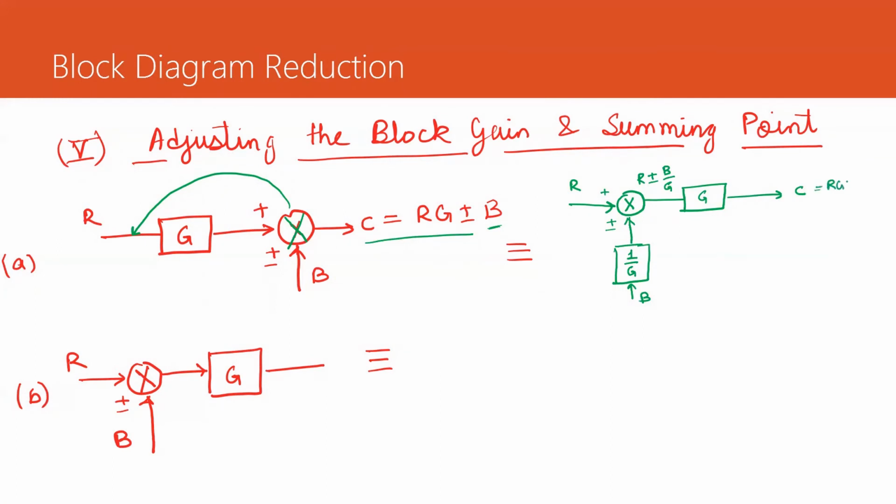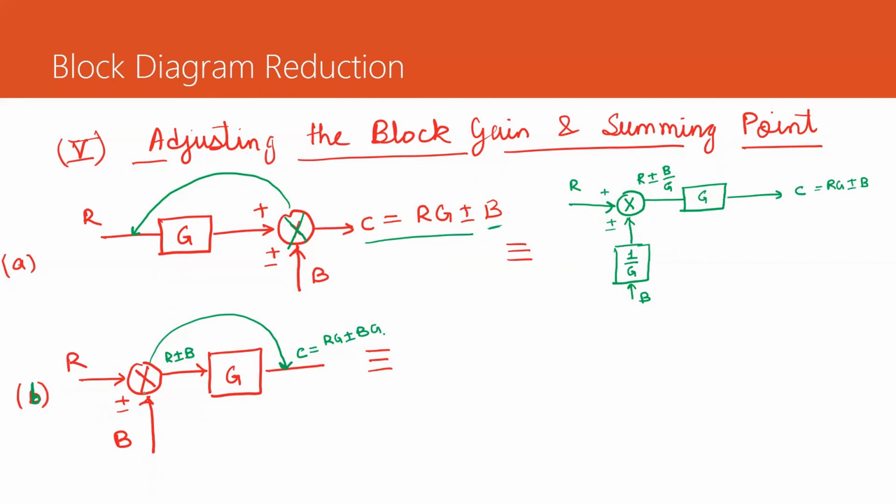RG plus or minus B. Now in the second case, suppose I want to move a summing point which is available before a block, and I want to move the summing point after the block. So right now you can see the output C over here, and this is plus or minus B. So the output is nothing but RG plus or minus BG.